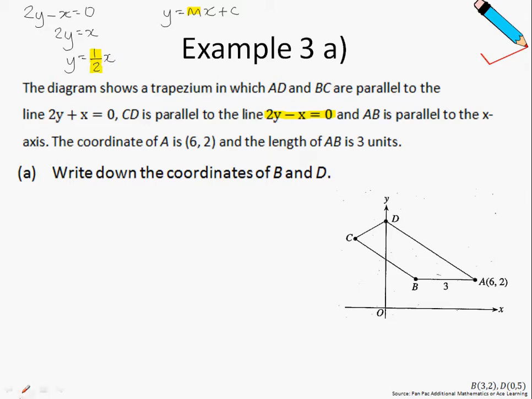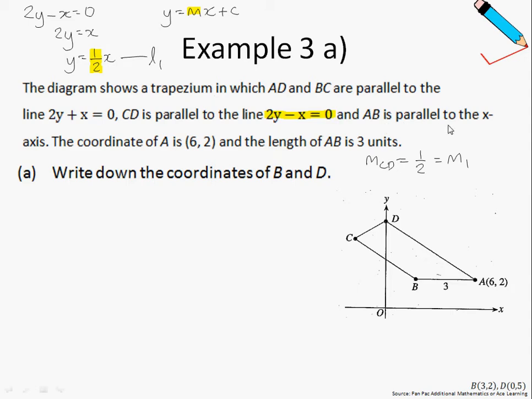Since CD is parallel to this line, let's call it L1, the gradient of CD is half. Recall that if two lines are parallel, then their gradients are the same, and half is simply the gradient of line L1.